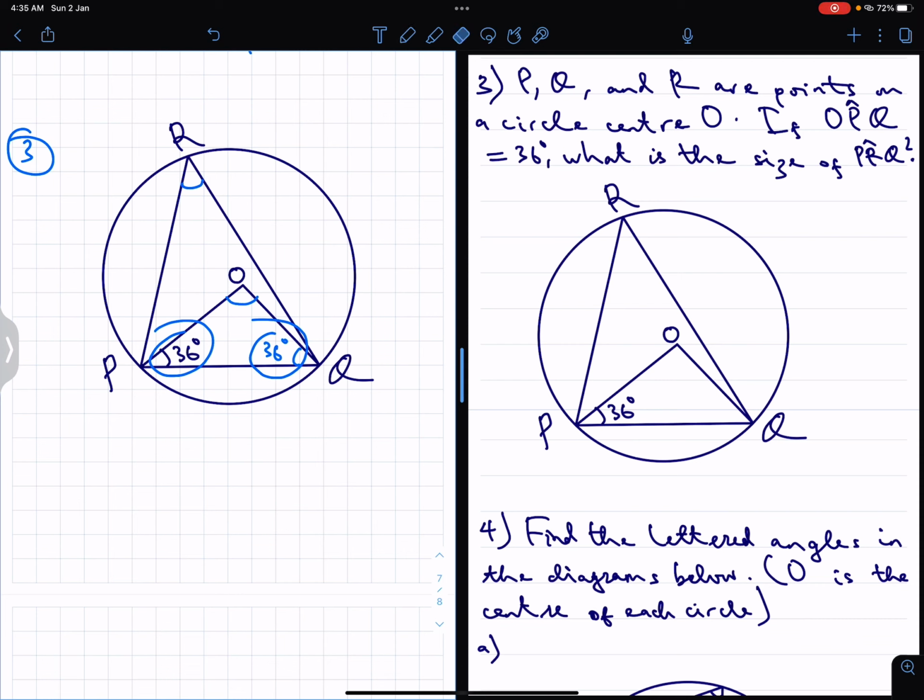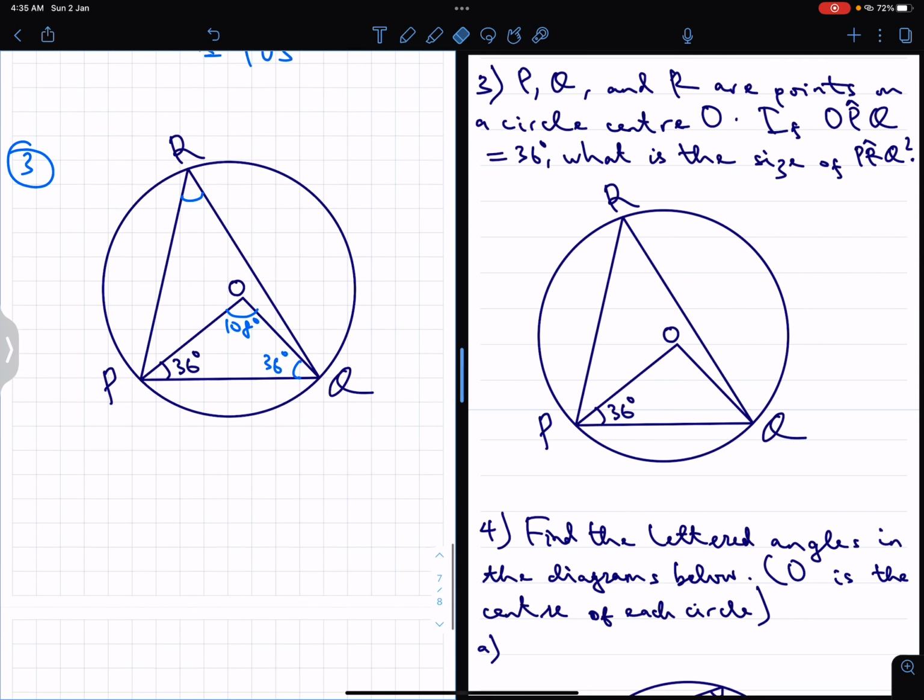So that means angle POQ will be 180 minus 72, and that's 108 degrees. If you add this and this angle together, you get 180. So angle POQ is 180 minus the sum of angles OPQ and OQP, which means 180 minus 36 plus 36, and that's 108 degrees.